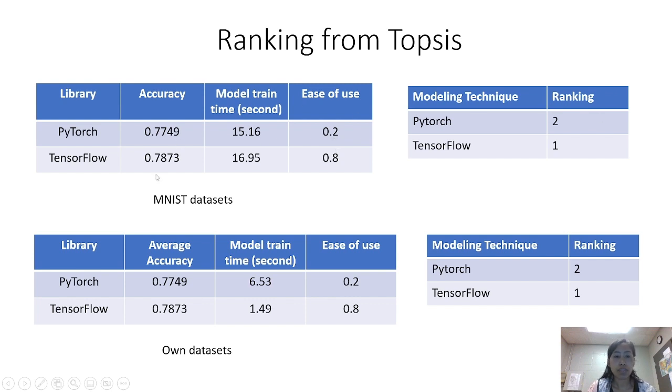For the MNIST dataset, we got TensorFlow as the better library. And for our own datasets, we averaged the accuracy for all four datasets, and for model timing also we did average, and ease of use we rated ourselves for flexibility. From that also we got PyTorch as second and TensorFlow as first.